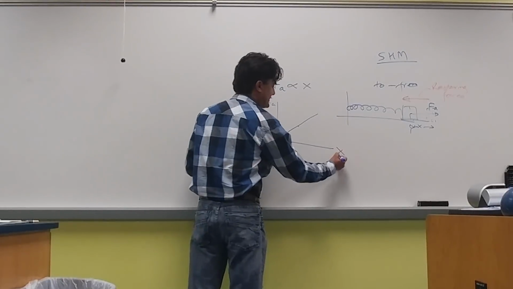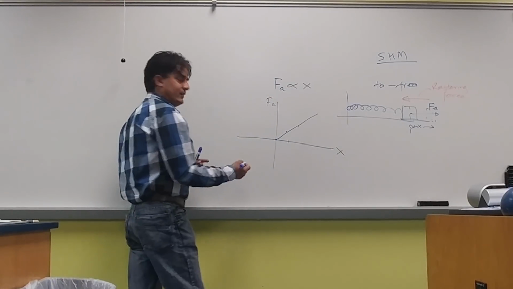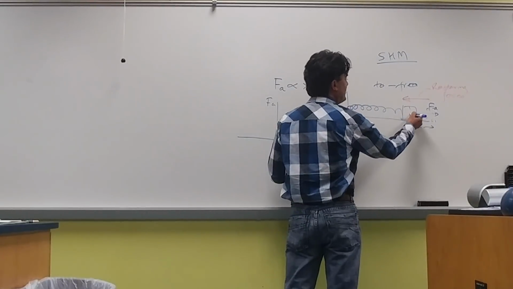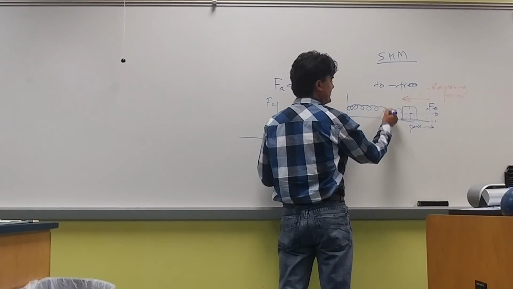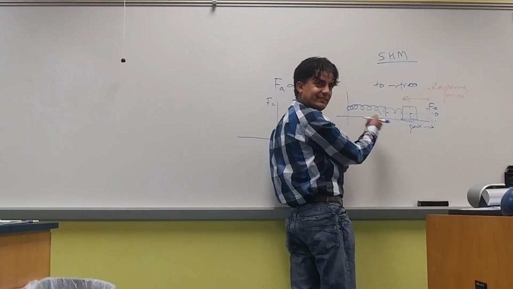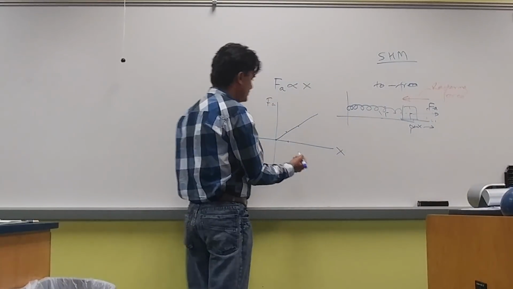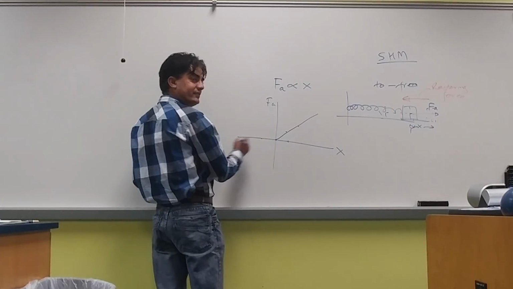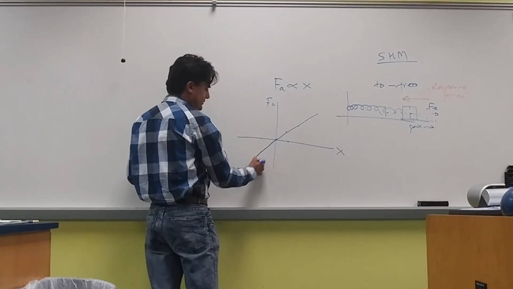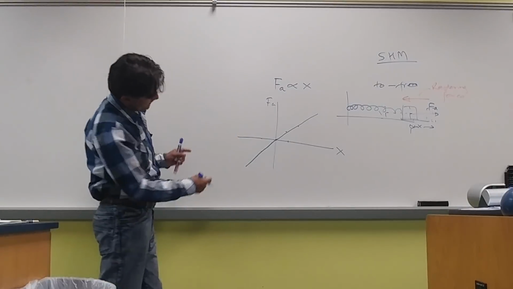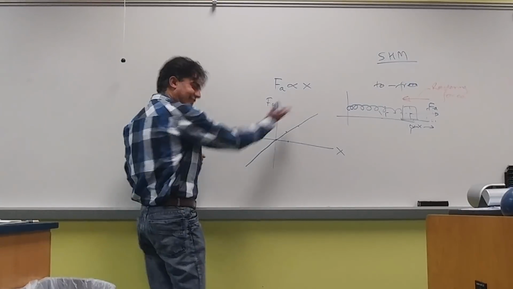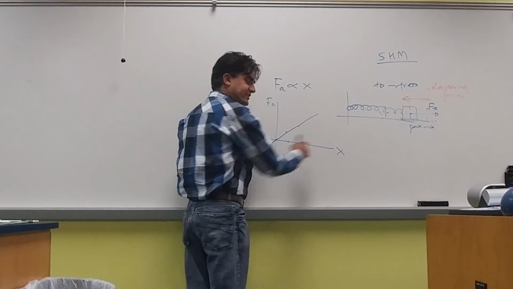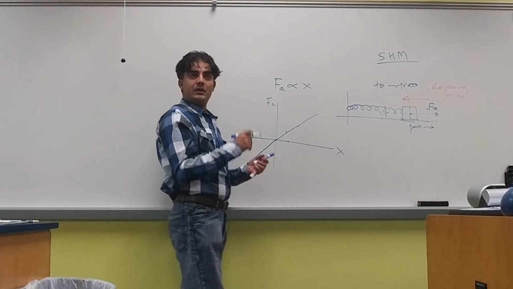If I go on the opposite side, my force has to go that side too. So if my force is negative, my displacement will be negative, right? It should be a straight line anyway. This is the applied force versus the displacement.